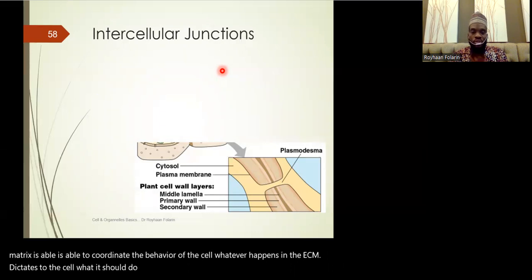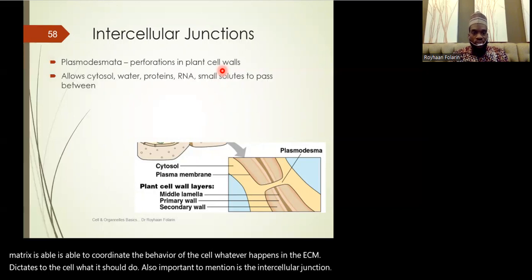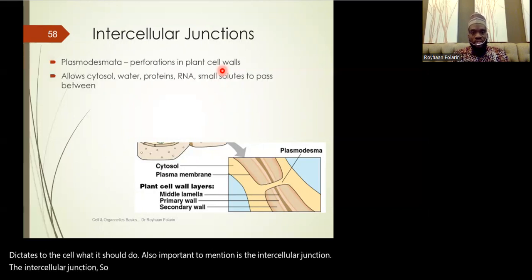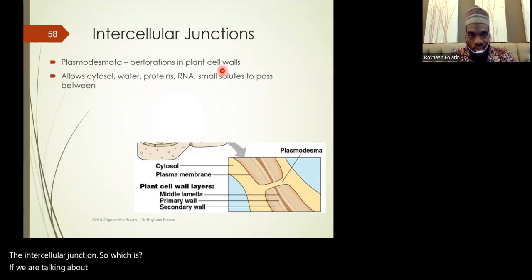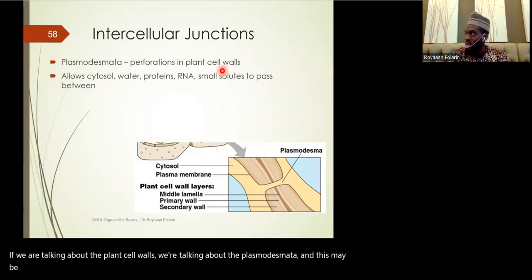Also important to mention is the intercellular junction. If we are talking about the plant cell walls, we're talking about the plasmodesmata. And this may be important to drug developers who may have to make use of plants in their development of drugs.